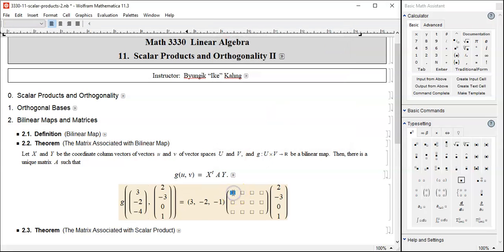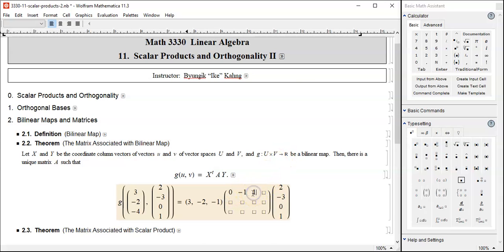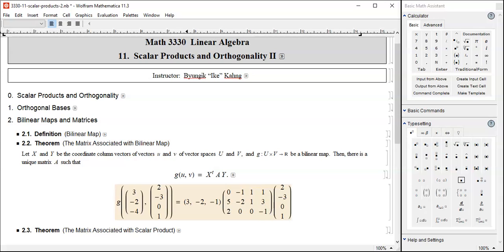So this is what we need, and then I need some numbers. Okay, I just made them up. This kind of thing is an example of a bilinear map.